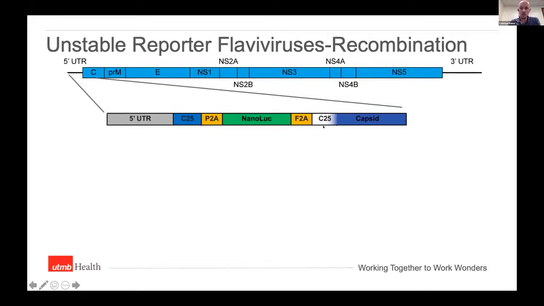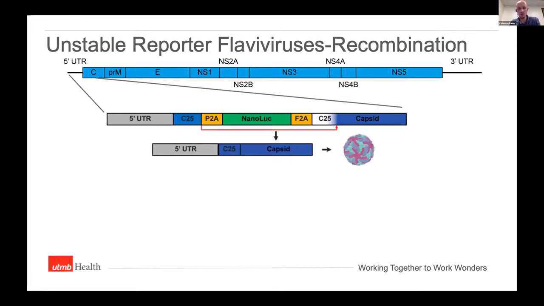We have in white here denoted this region because we've reduced homology from here to here to try to prevent recombination, which I've demonstrated with this little cartoon here. The polymerase can come off and come back on and completely delete the reporter gene sequence, which is mediated by that homologous region.